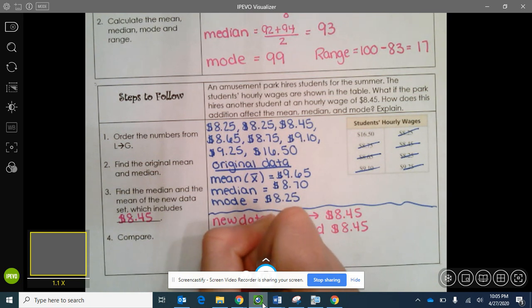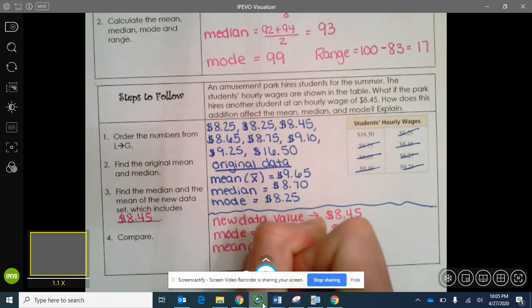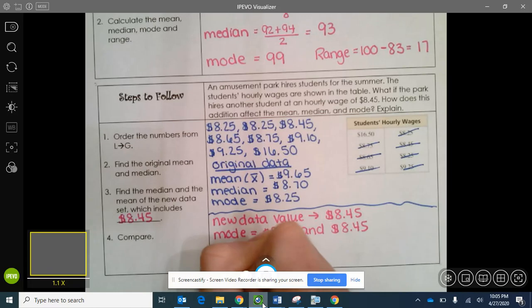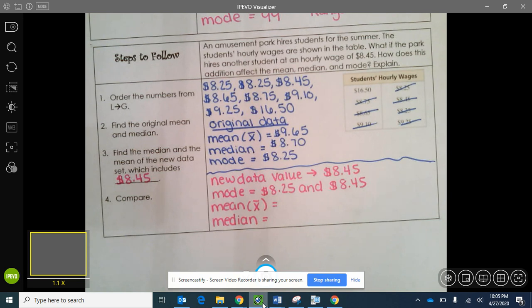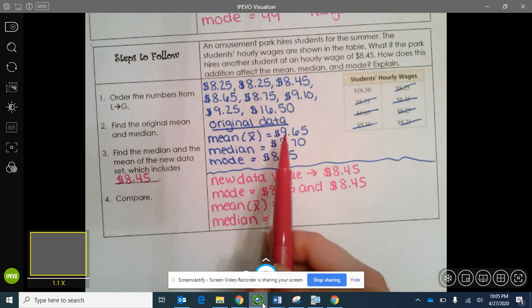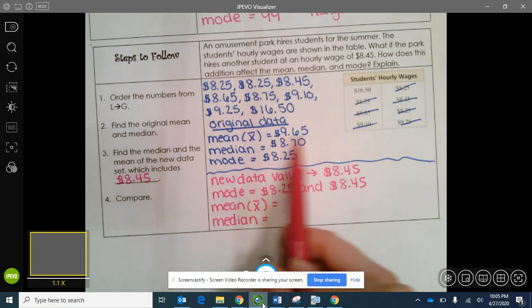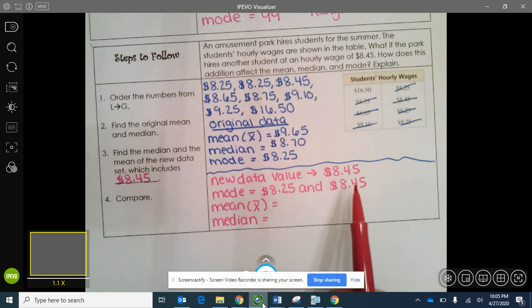Now for your mean and your median, like I said, you can certainly just add in that new data value and recalculate the mean and the median. That is perfectly okay. I'm going to show you a little trick though. See how our original mean was $9.65? If I add in a new data value, you want to pay attention to whether the new data value is larger than or smaller than the original mean.